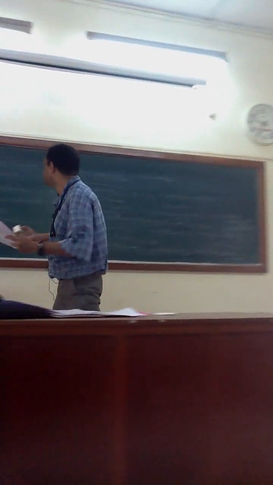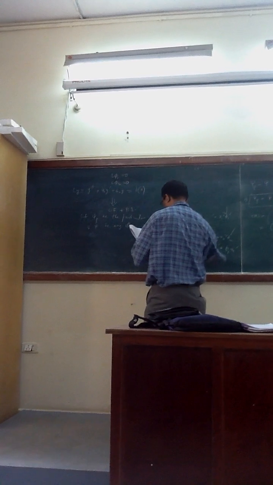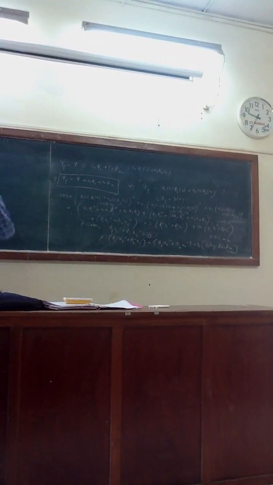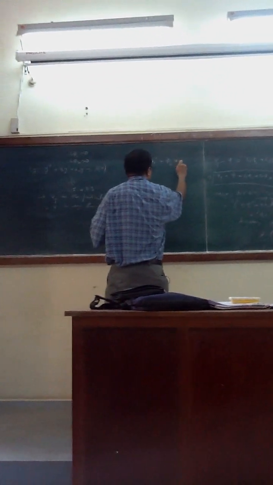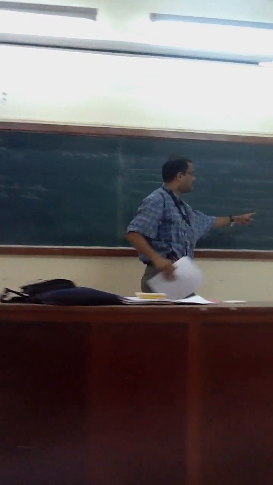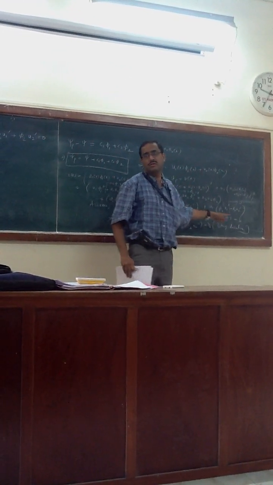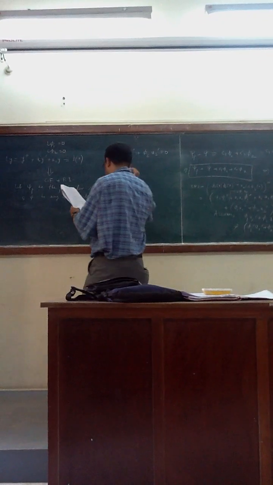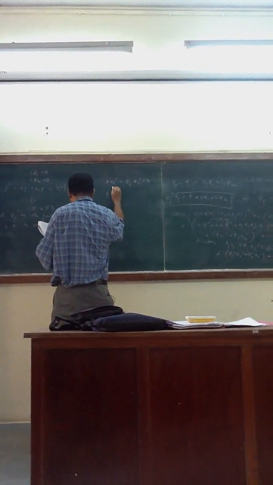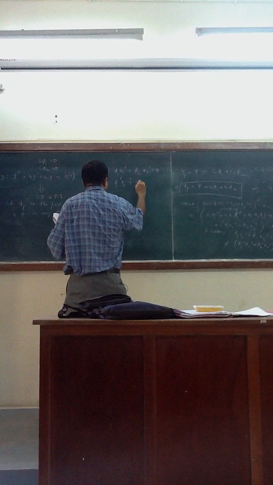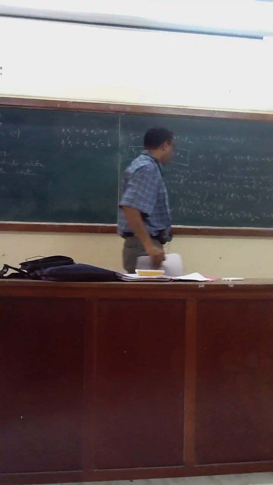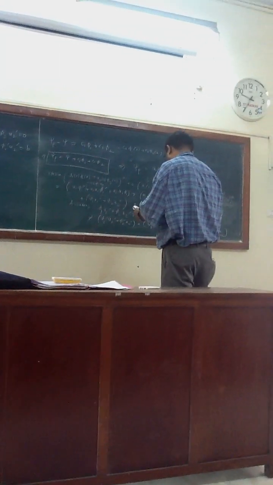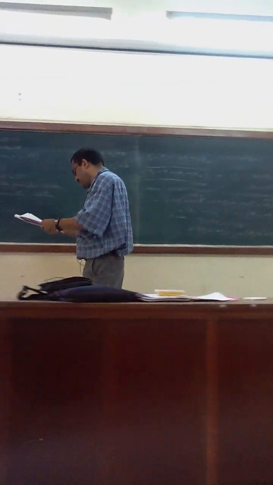Okay. So let me write down. I'm deleting this part. I'm saying that initially we assume phi 1 u1 prime, phi 2 u2 prime equals 0. Because of that only this term got 0. Okay. Next, I am writing phi 1 prime u1 prime, phi 2 prime u2 prime equals b.